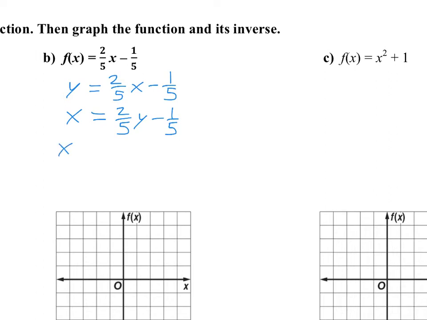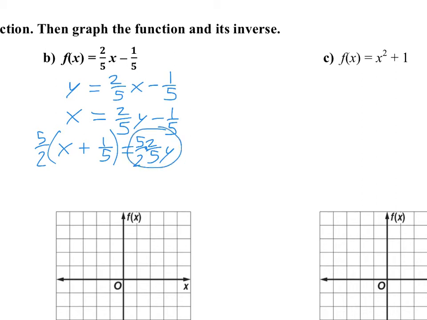So I'm trying to get y by itself. x plus 1/5 equals 2/5 y. I want to get rid of the 2/5, so I'm going to multiply both sides by 5 over 2. So the right side becomes y.